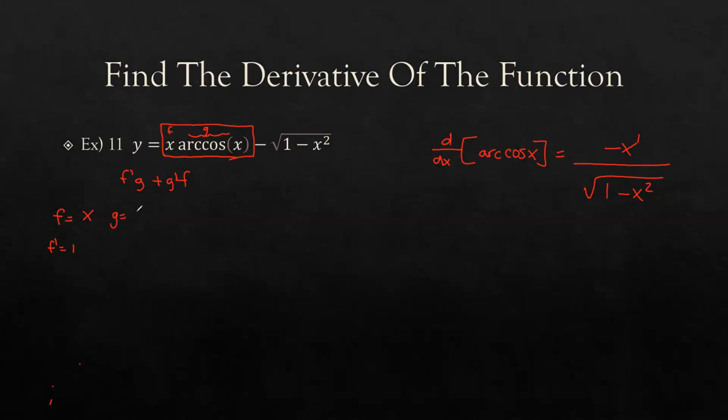My g prime, I kind of have to use the rule: the derivative of x, which is x prime, is 1, and then you have to bring down a minus, over square root of 1 minus x squared.